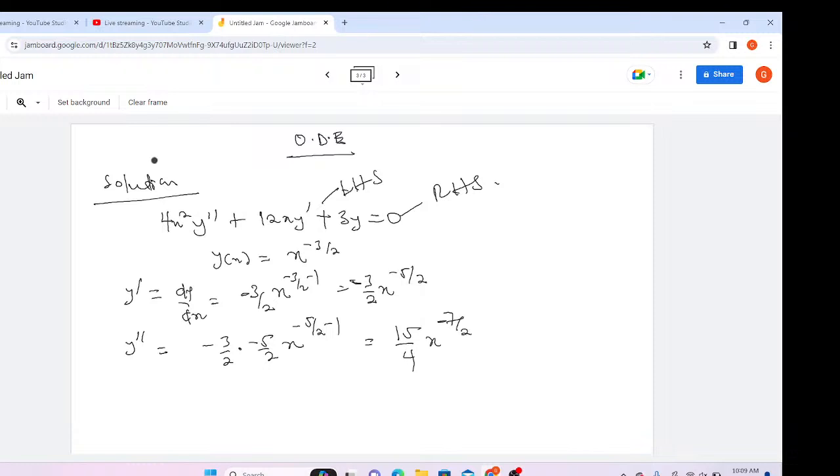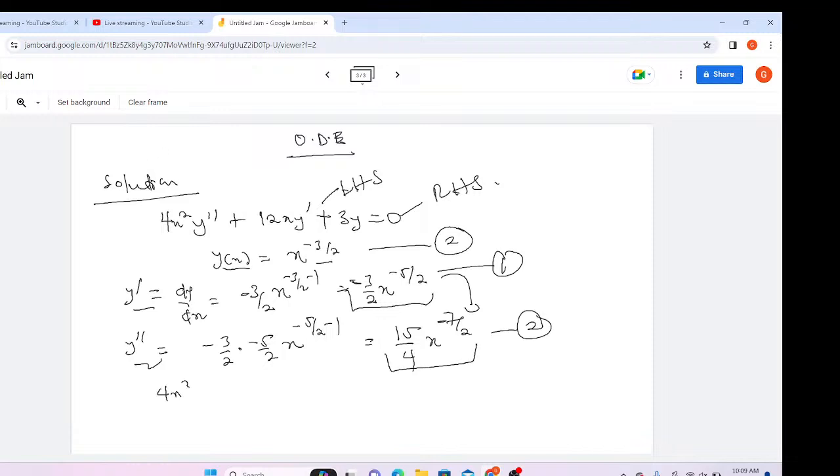Then we substitute all of this into the equation. Whenever we see y, we substitute y itself. Whenever we see y prime, we substitute this, and whenever we see y prime prime, we substitute this.